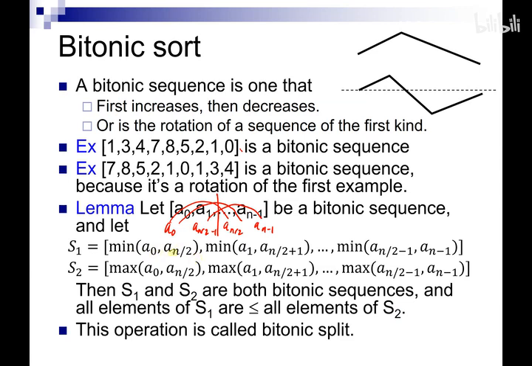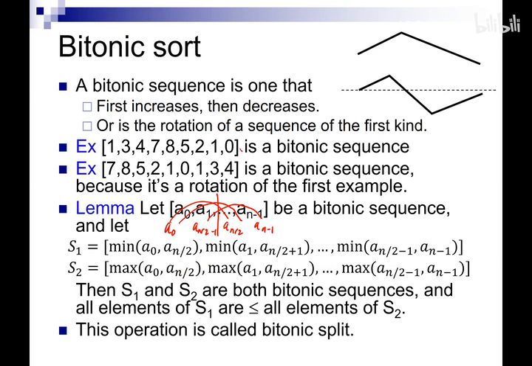You take whichever one's smaller, and you do the same thing for the rest. That produces a sequence of n over 2 numbers, and you call that sequence S1. Then you take the same matching, but now you take the max of each pair of numbers. That's also a sequence of n over 2 numbers, and you call that S2.